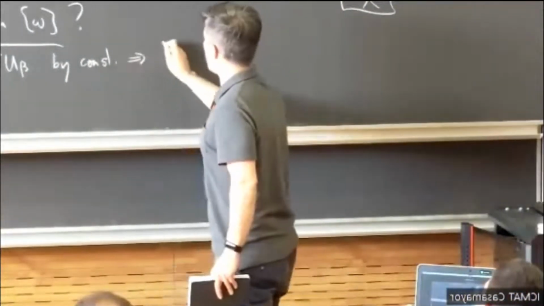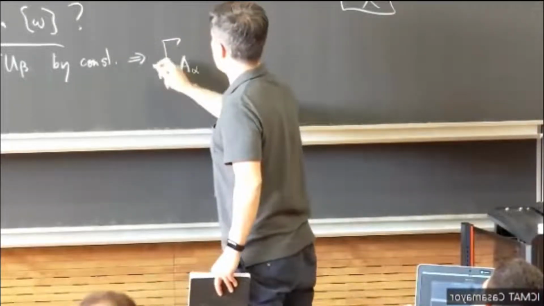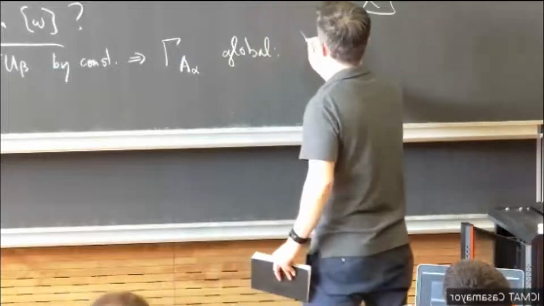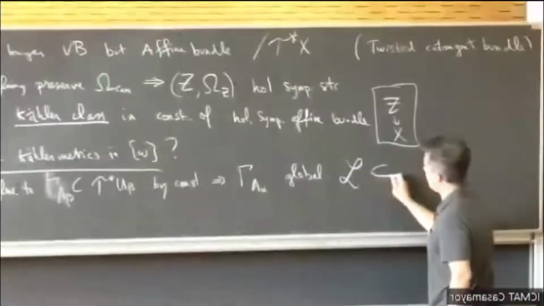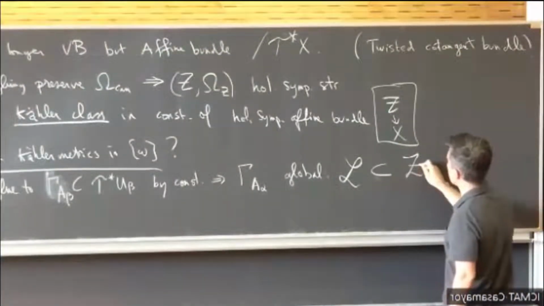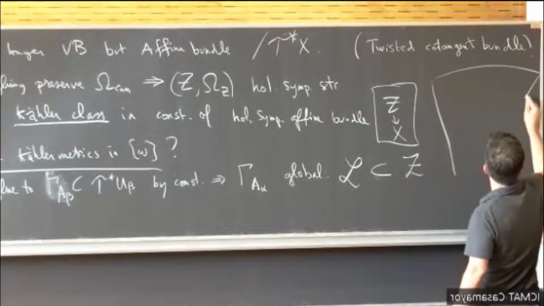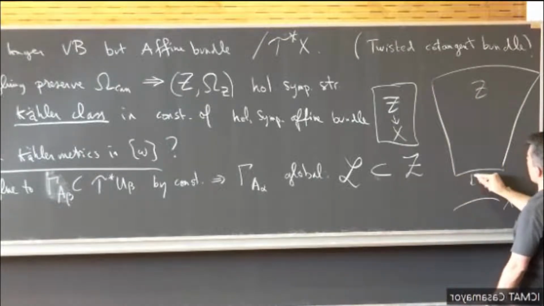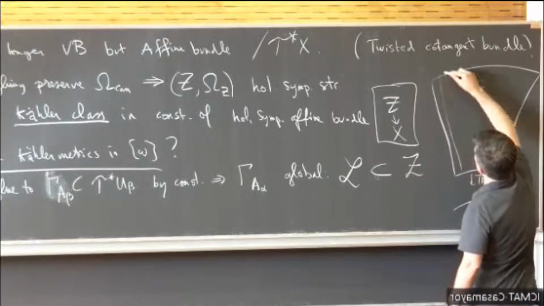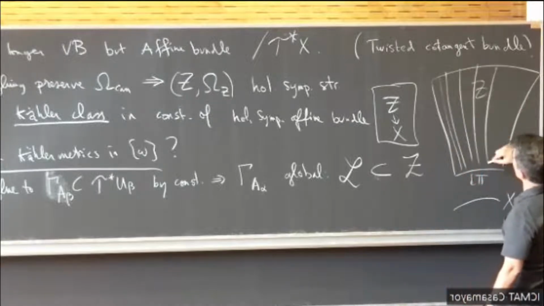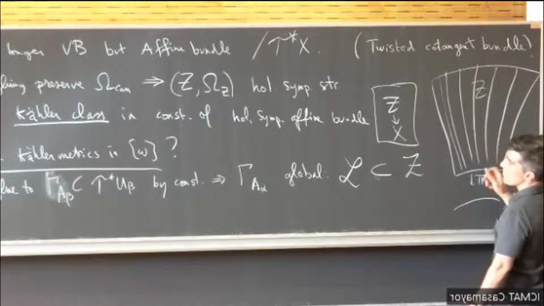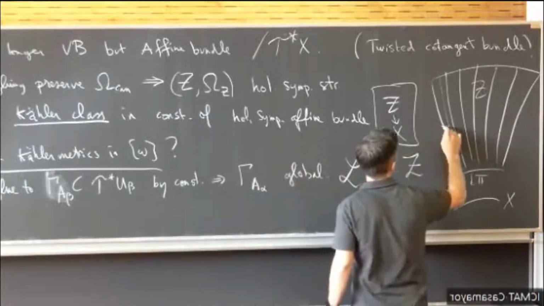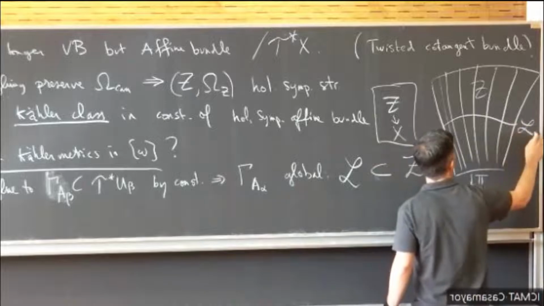And so therefore, the graph of A alpha is global. It defines a submanifold of Z. Here's Z. Here's the projection to X. Z has fibers. Okay, but it doesn't have a zero section. But instead of having a zero section, it has this section, this graph, which I call L.